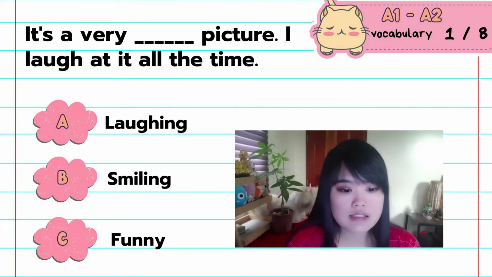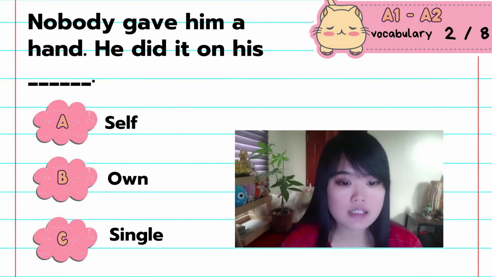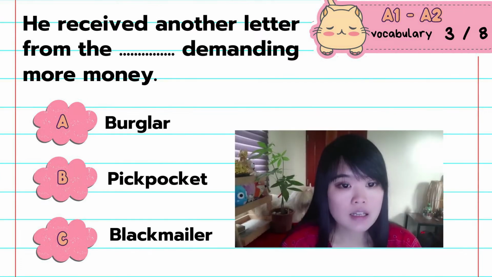So the answer is C, funny. It's a very funny picture. I laugh at it all the time. The answer is B. Nobody gave him a hand. He did it on his own. C. He received another letter from the blackmailer demanding more money.